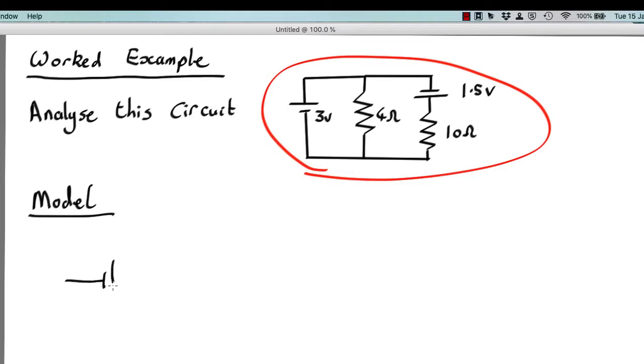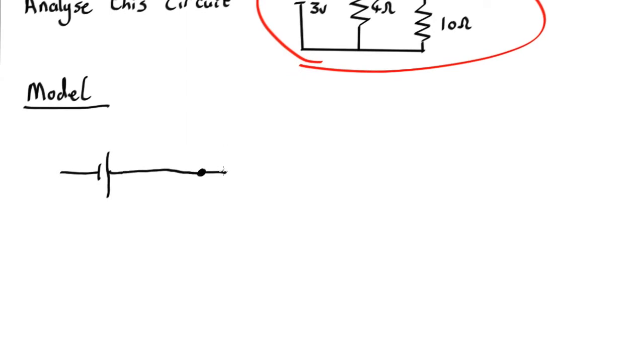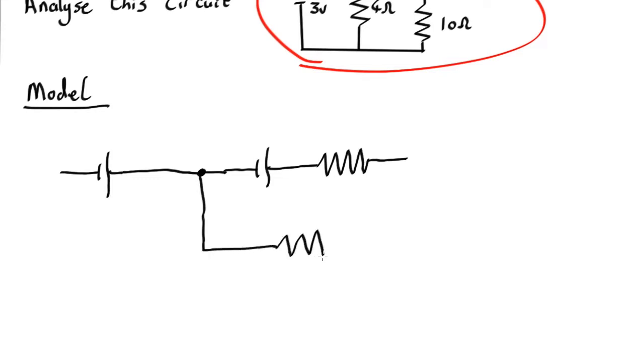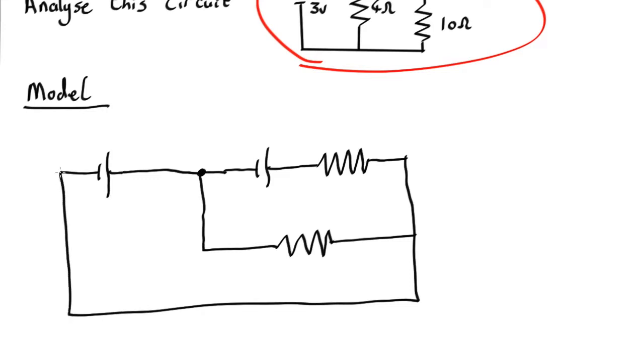Here we get the 3-volt battery, and then it splits, and along the top, which is this bit over here, we have the 1.5-volt battery and the 10 ohm resistor, and then down the split we have the 4 ohm resistor and then it goes back around here. So that is the same circuit, we've just stretched the wire.